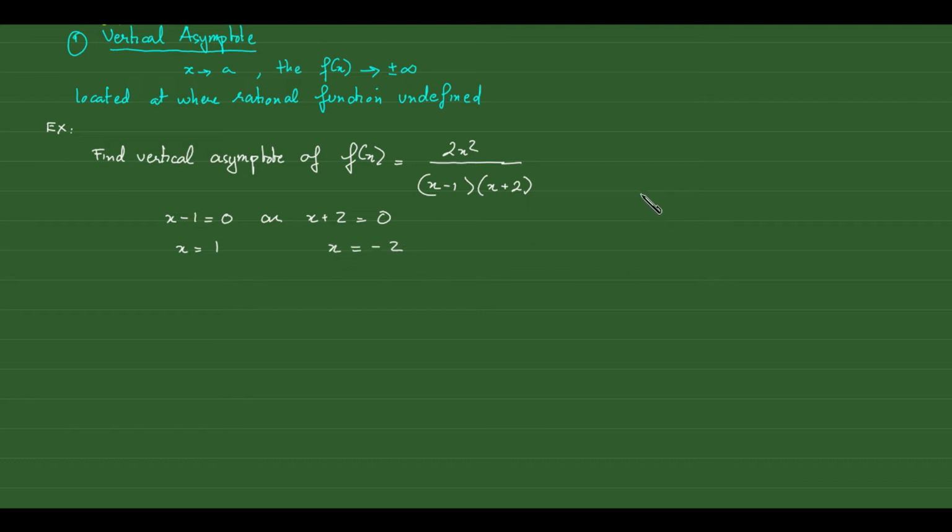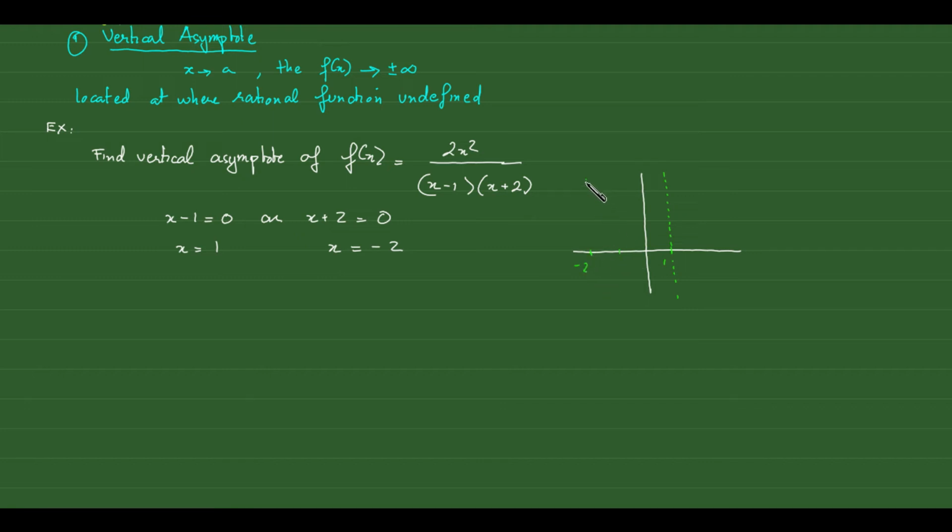So if we do a quick sketch here, the vertical asymptotes will be here. This is the vertical asymptote x equal 1, the first vertical asymptote. And x equal minus 2, this is minus 1, minus 2, right?